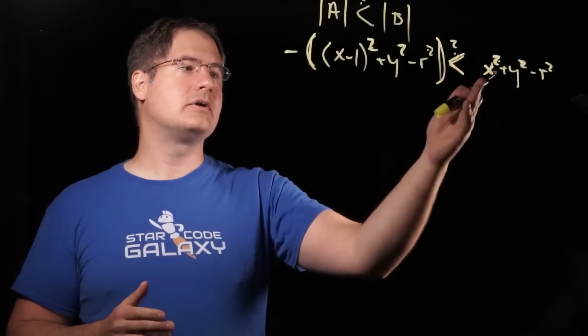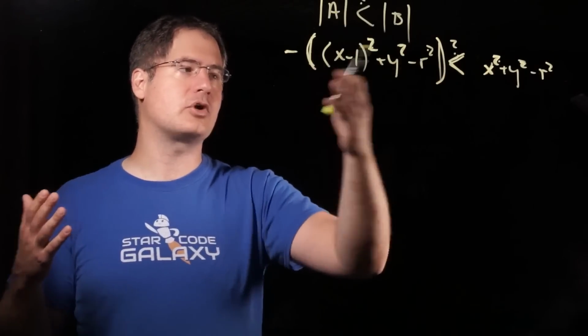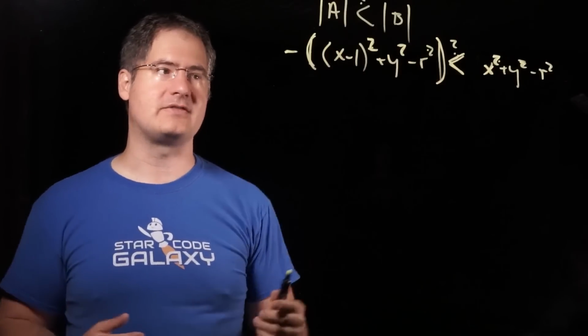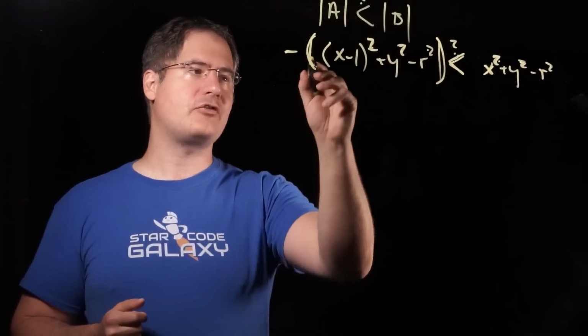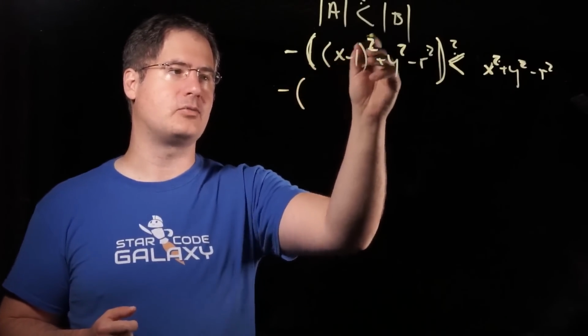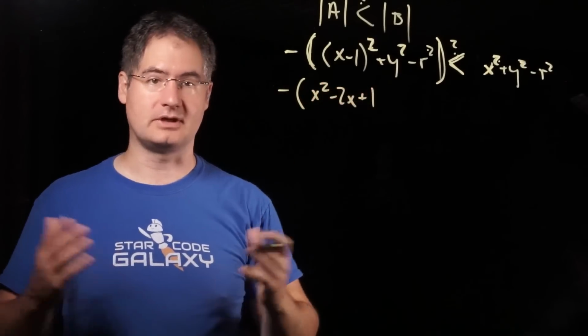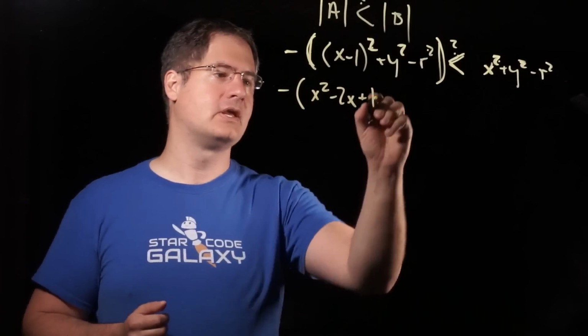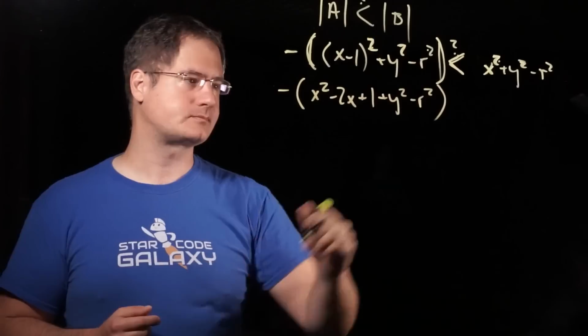We can now finish what we were doing here, right? We can continue to work through these and simplify these equations. So let's see what we actually end up with. Well, first off, we need to expand this term on the inside. So this is the x minus 1 squared. That's going to be x squared minus 2x plus 1, using, again, your math homework from grade school, plus y squared minus r squared, in parentheses.